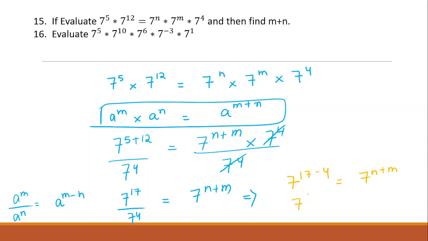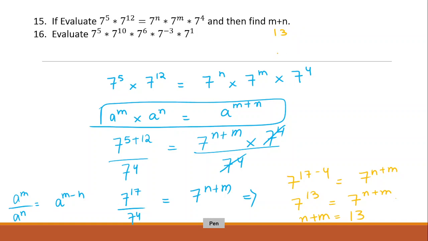Simplified, 7 to the power 13 equals 7 to the power n plus m. So n plus m is basically equal to 13 because both sides are equal and their bases are also the same, 7 and 7. So you can write n plus m equals 13. So m plus n is 13, our answer. Okay, clear?